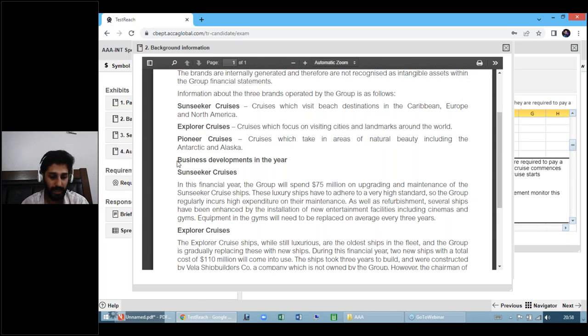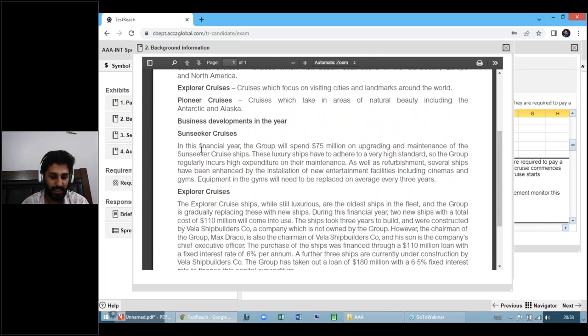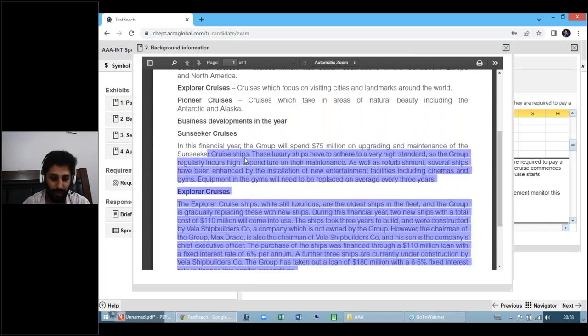Business development in the year. Sunseeker Cruise: in this financial year, the group will spend 75 million on upgrading and maintenance of the Sunseeker cruise ship.